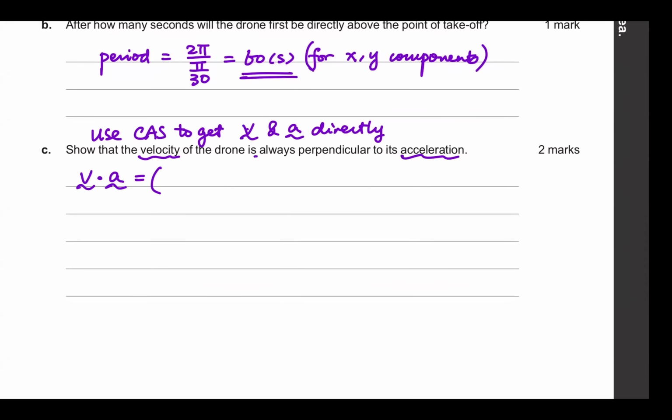So you need to carefully transcribe everything from your CAS calculator to your paper, okay? Don't drop out your i, j and k.